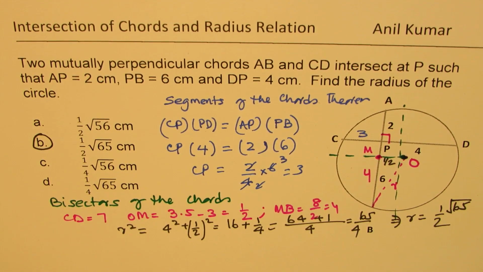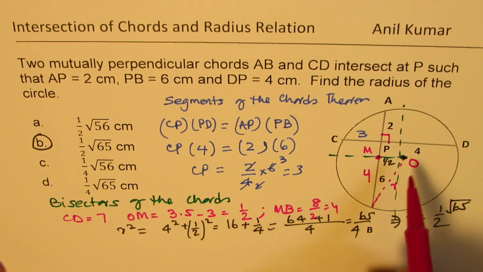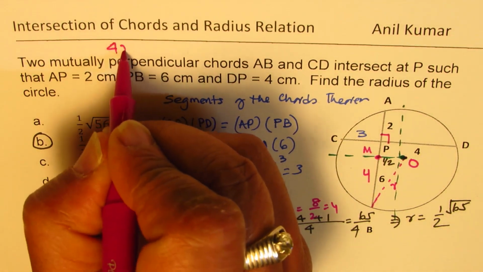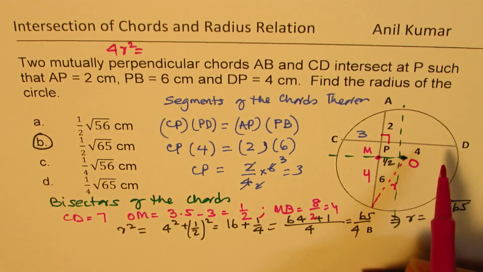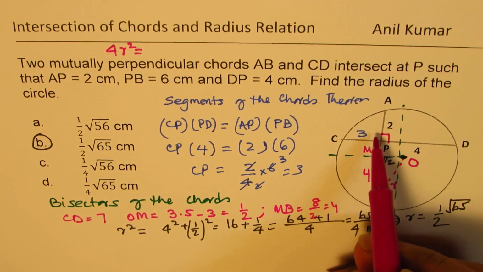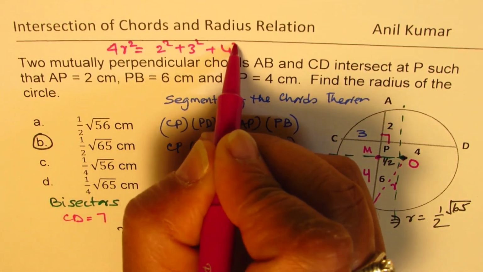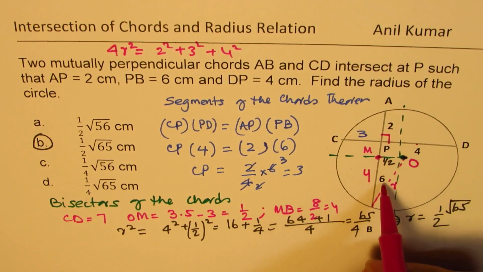So that is how you're going to answer this question. In one of our videos, we have also derived a formula which could be used here. So we can say 4 times R square is equal to the sum of squares of all these 4 chord segments, which is 2 square, 3 square, 4 square, and 6 square.